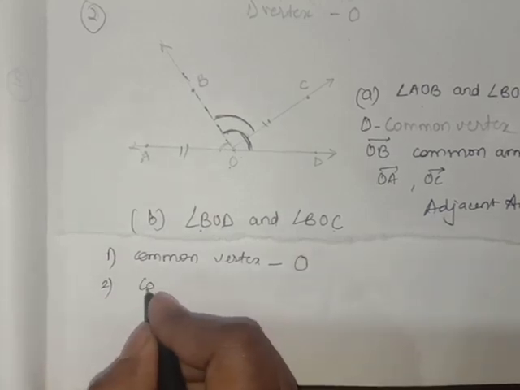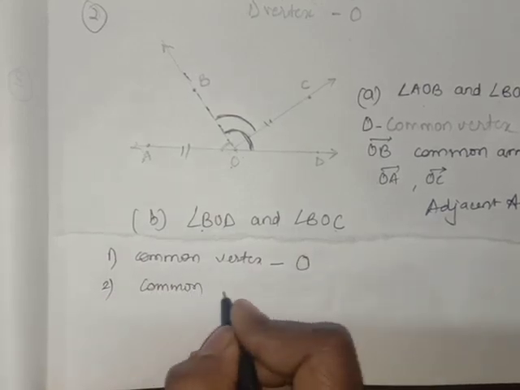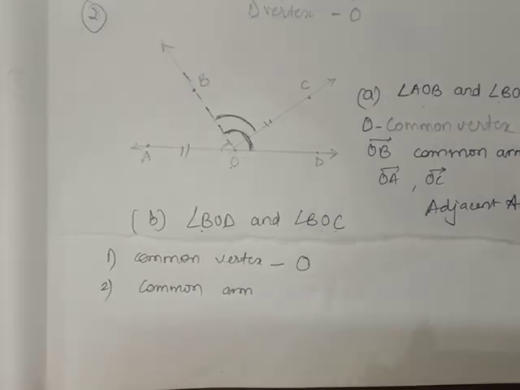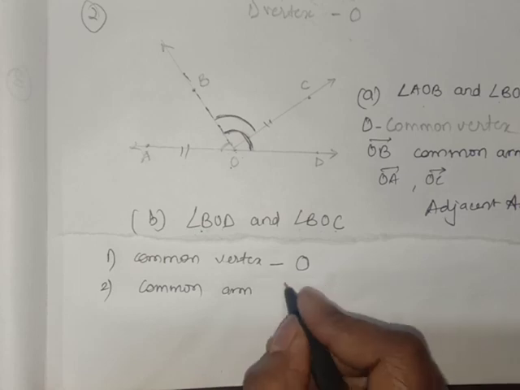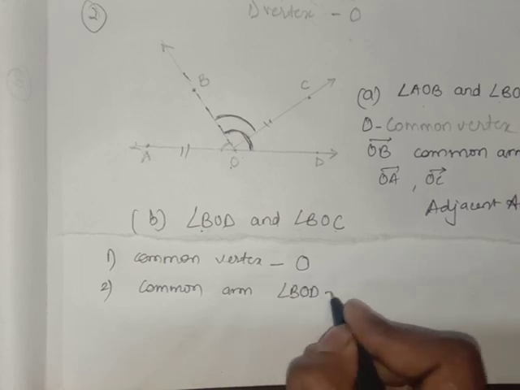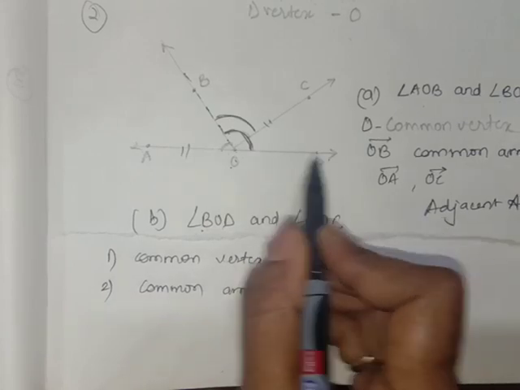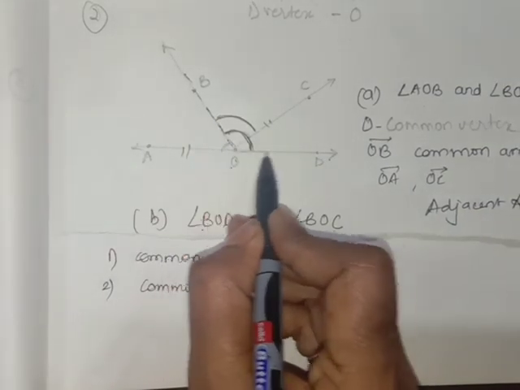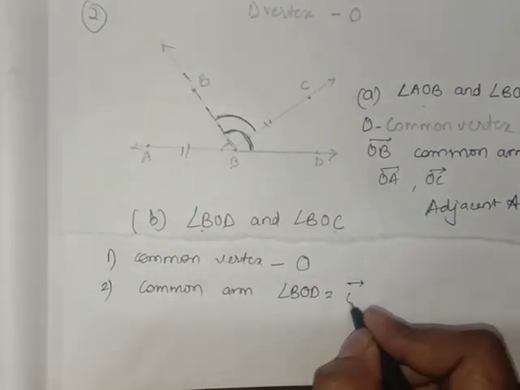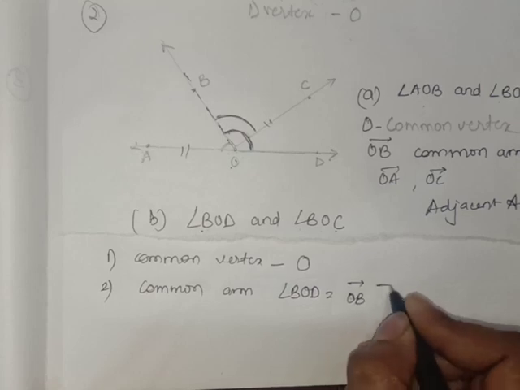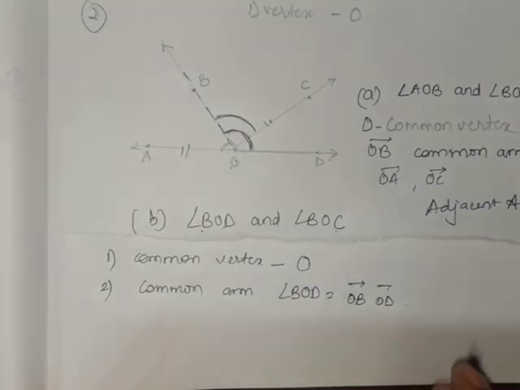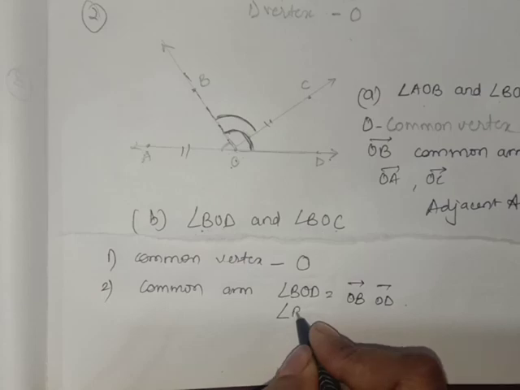Point 2, common arm. What is the common arm here? Can you see? Let us find it out. Angle BOD is made up of ray OB and ray OD. Now, what about angle BOC?